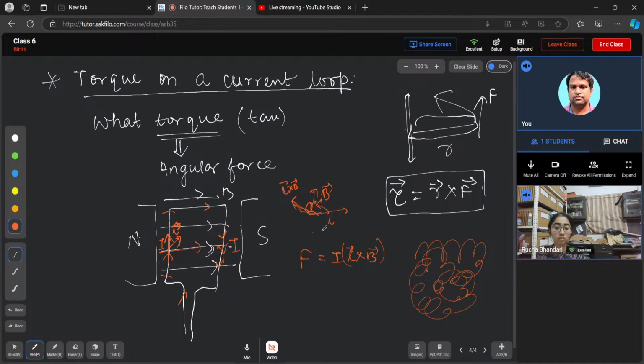B cross L means the opposite direction, downward. So L cross B and B cross L are opposite in direction.